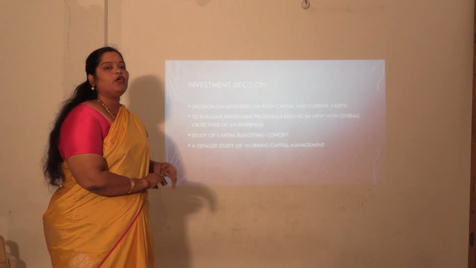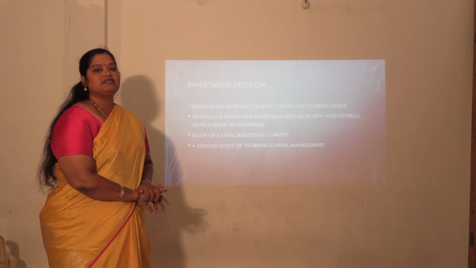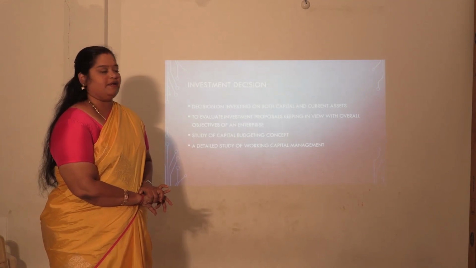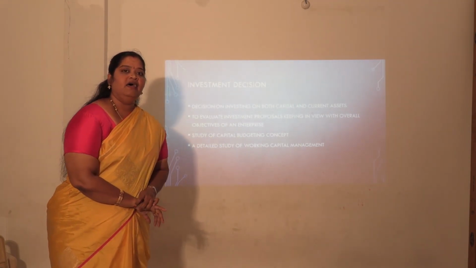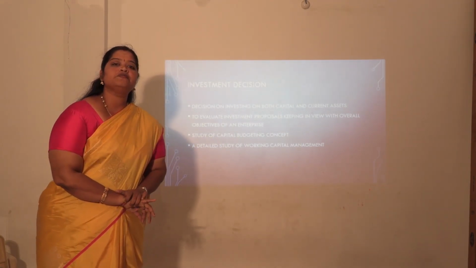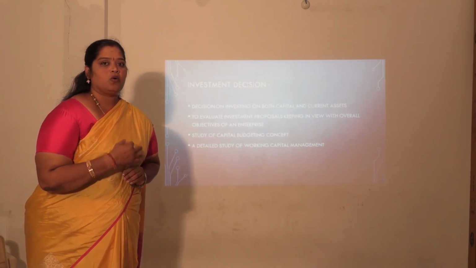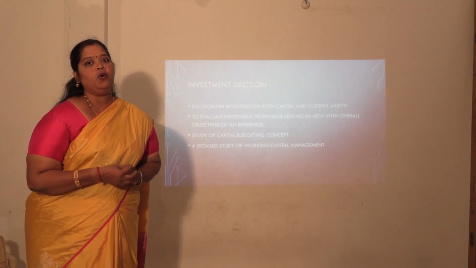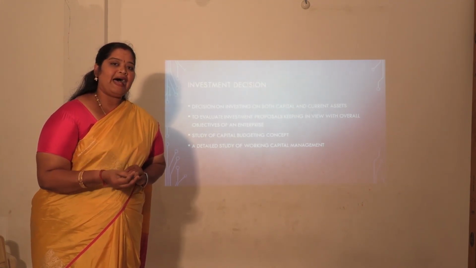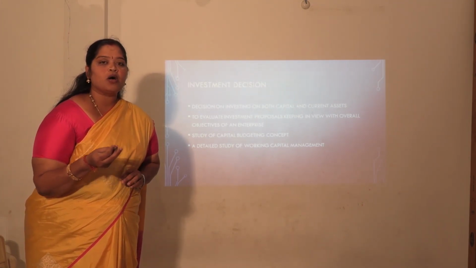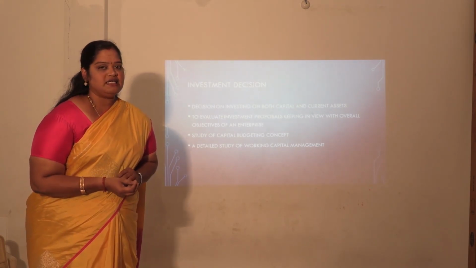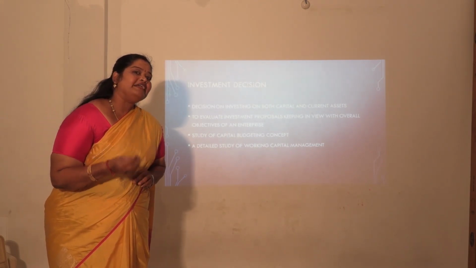That is why it is otherwise called fixed capital. The next one is current assets. Current assets are all those which are easily converted into cash. I can list a few current assets for you: cash in hand, cash at bank, debtors, inventory or otherwise called stock, bills receivable and all the fictitious assets.